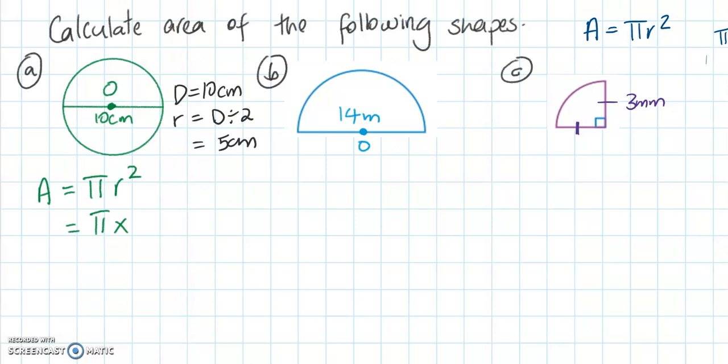If you state that, that's a good idea, because then you are showing what you have identified, and also you don't make a mistake and use 10 instead of 5. So our radius becomes 5, so that is 5 squared, which means it's pi times 25.